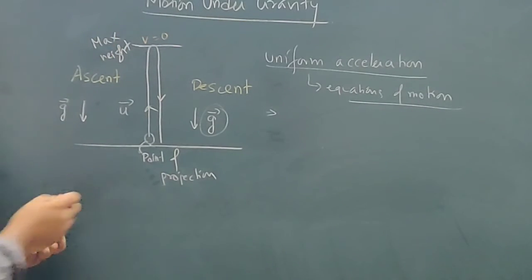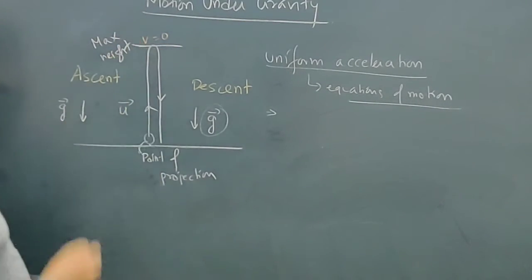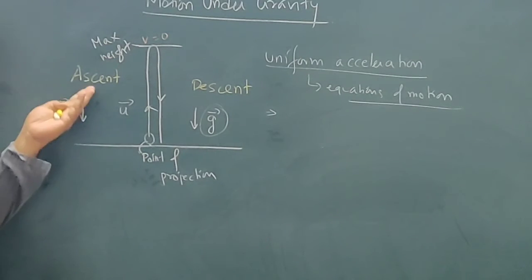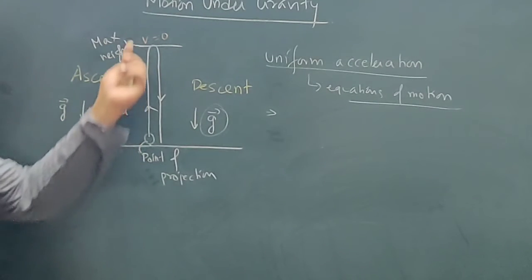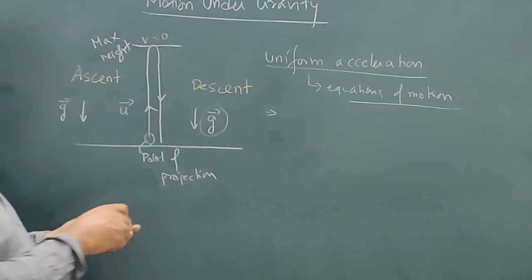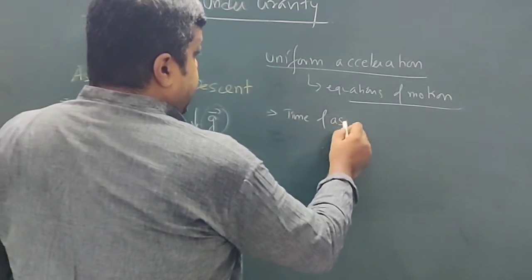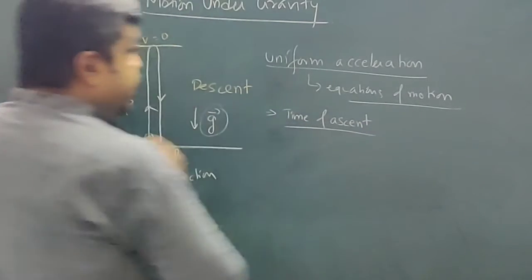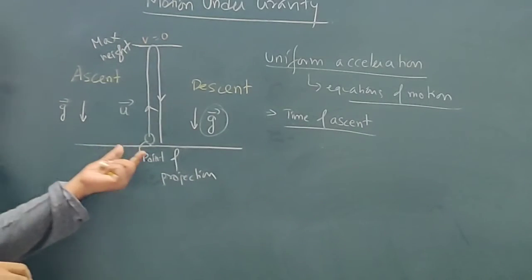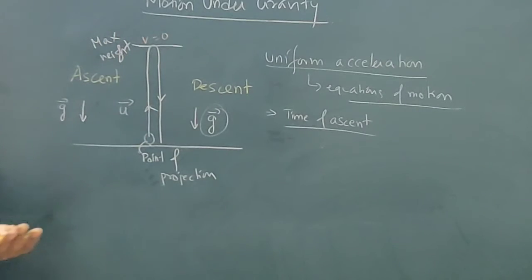So the time taken to travel from point of projection to maximum height is called time of ascent, because this is the ascent. Okay. So time of ascent is the time taken to travel from point of projection to maximum height.